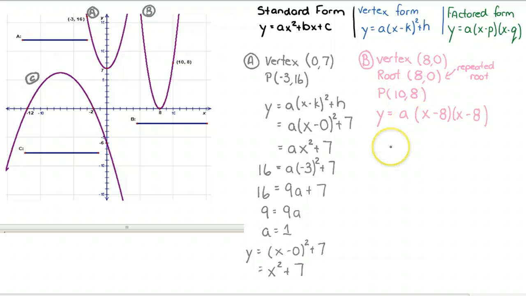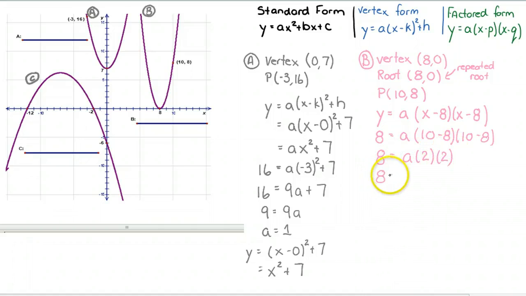So now all I do is I substitute in the point that I have, and that point is going to be 10, 8. So 8 is equal to a, and then we have 10 minus 8 times 10 minus 8. So we have 8 is equal to a times 2 times 2.